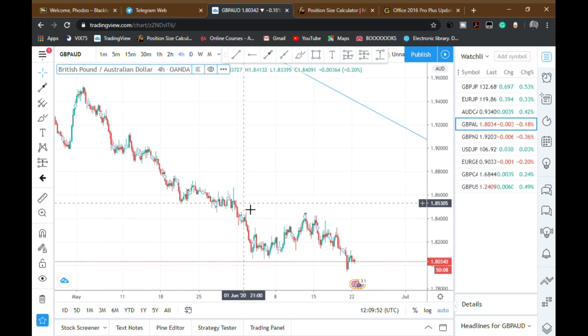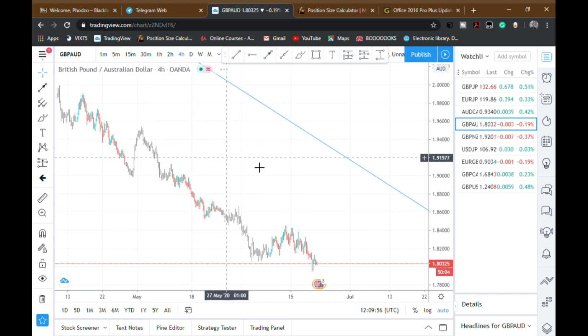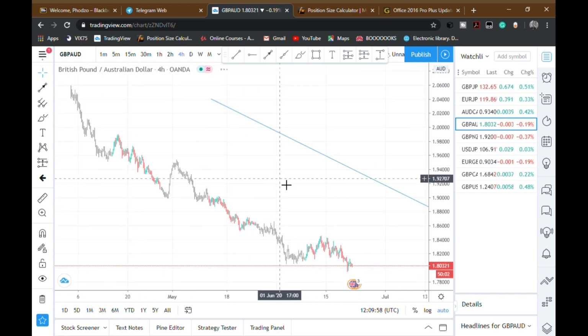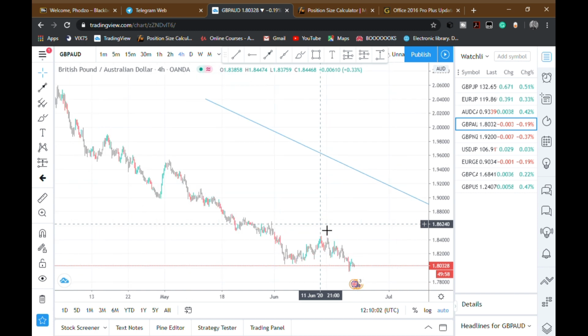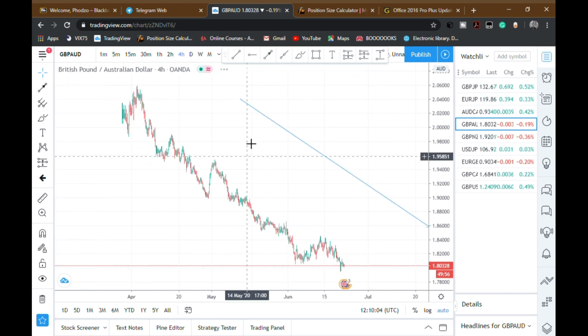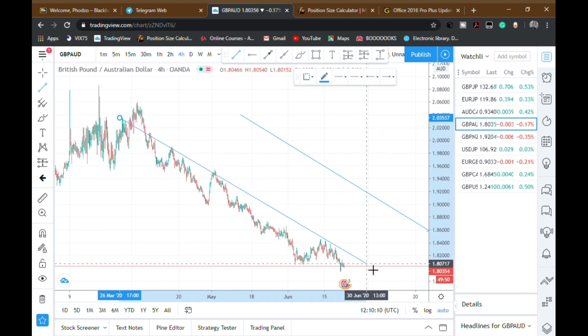How I trade is I draw a clear trend line and wait for a retest of that trend line. So what I can see here is that we have sort of this trend line right here. Something like that.